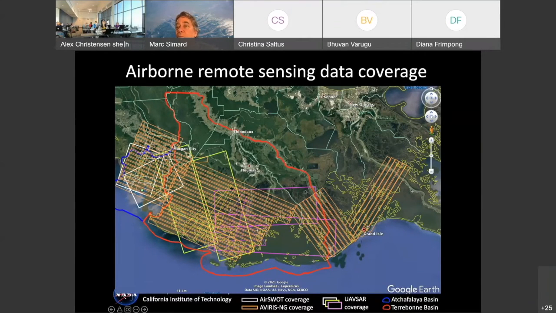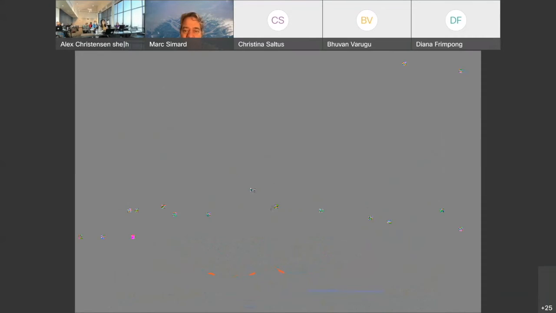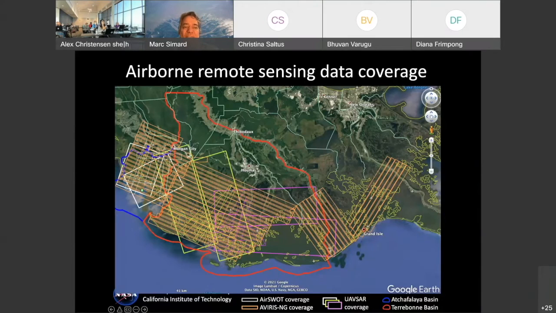So this is where we follow the tidal waves within the wetlands. And the other smaller rectangles that you see crossing the larger mosaic are from AirSWOT. And this one, of course, focuses on the open surface areas like the Atchafalaya River, the Wax Lake Outlet, and some other channels within the Terrebonne Basin.